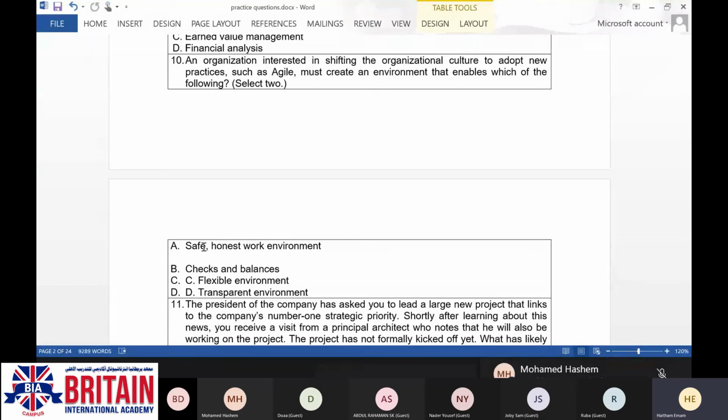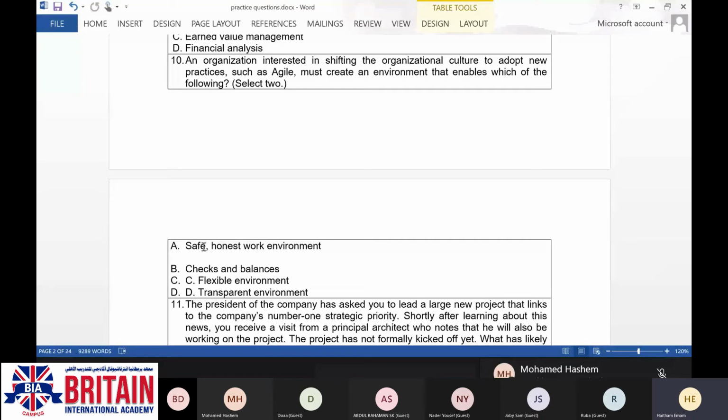When it comes to the practices or the culture which should be adjusted inside a certain organization in order to follow a certain agile technique or a new environment, according to the Agile Practice Guide, the organization should have a safe, honest work environment and transparent environment.